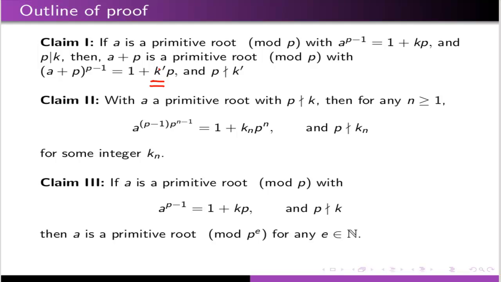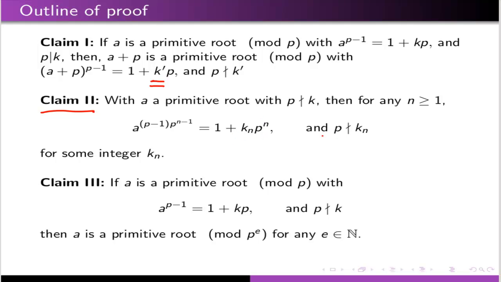And that's going to be a nice condition, because this is claim 2: if I have a primitive root where p is not a divisor of k, then for any n greater than or equal to 1, I claim that we're going to get a relationship of this type. And this will just follow by induction, that a to the p minus 1 raised to the p to the n minus 1 is of the form 1 plus some integer multiple of p to the n.